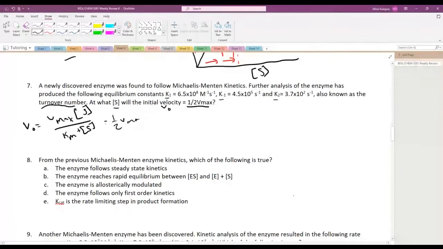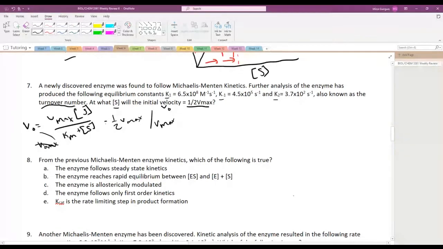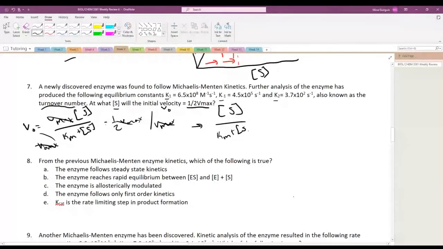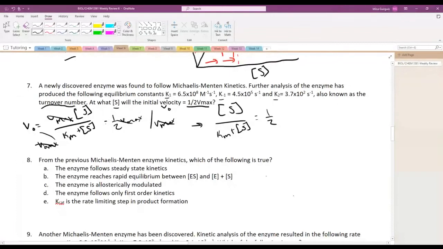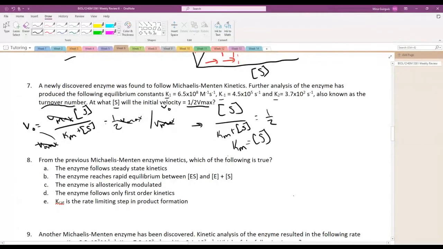I'm going to divide Vmax from both sides, and that cancels Vmax entirely. And so what I get is substrate concentration over Km plus substrate concentration equals 1/2. We can solve this algebraically by cross-multiplying, etc. What we end up getting is that Km equals substrate concentration.